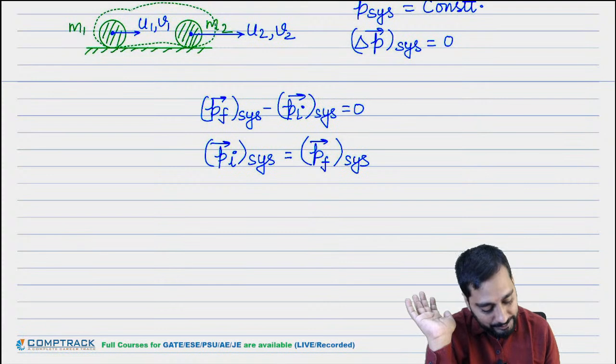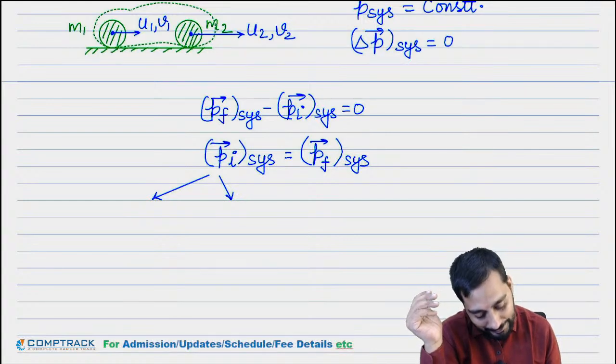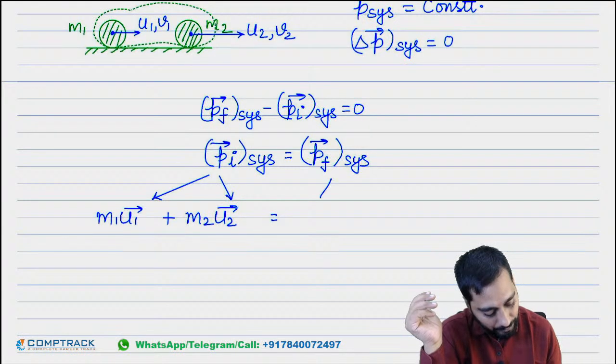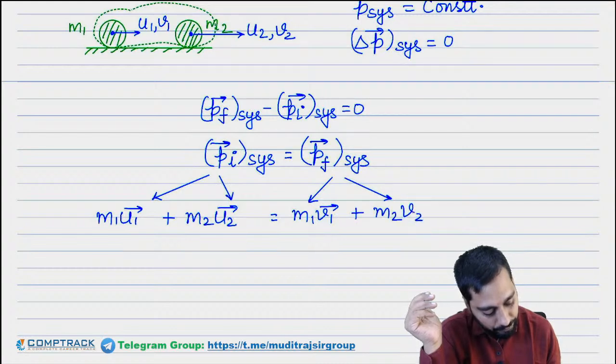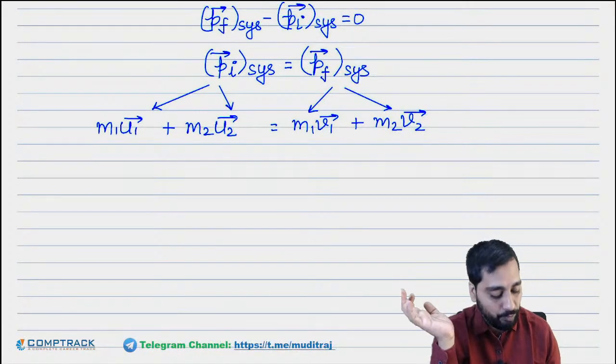Okay. So initial linear momentum will be what? It will be the sum of linear momentum of both the bodies, like m1 u1 plus m2 u2, equal to final linear momentum, which will be m1 v1 plus m2 v2, like this.